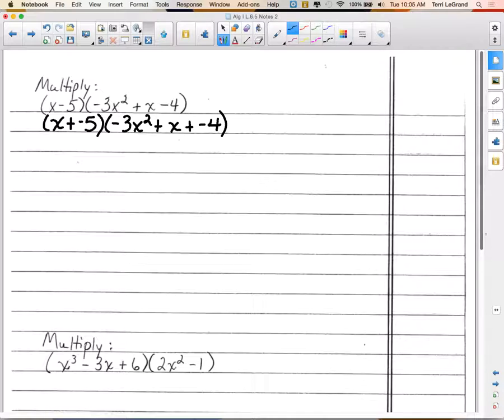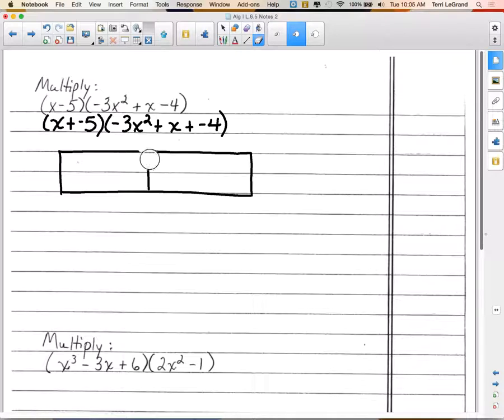So I really need a 2 by 3, because we're taking a binomial times a trinomial. If I have 2 rows, I have to have 3 columns.